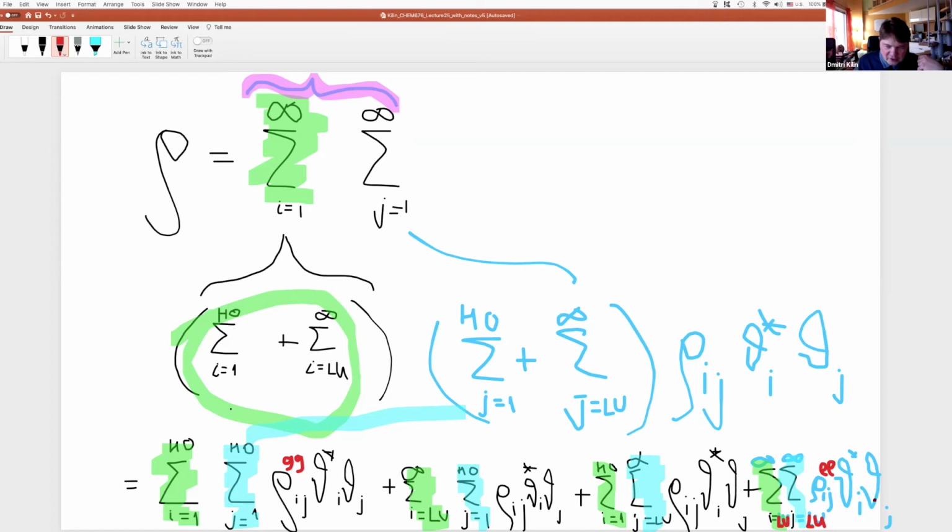So all orbitals here, I and J, are excited. And there are cross terms where one orbital goes from 1 to HOMO, another from LUMO to infinity, and here the opposite. One can call them neither ground nor excited, a hybrid or mixed: excited-ground and ground-excited.